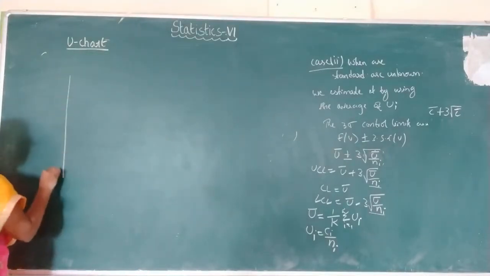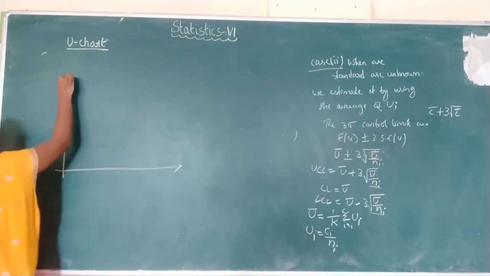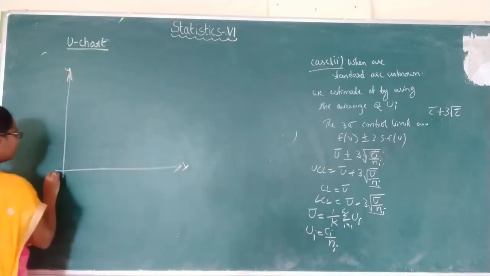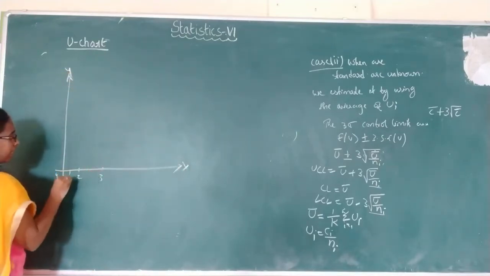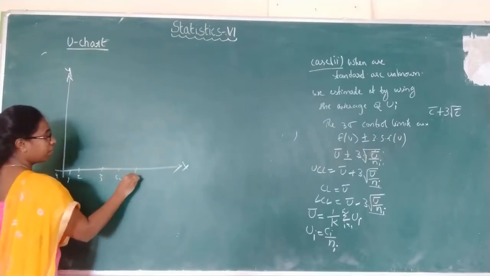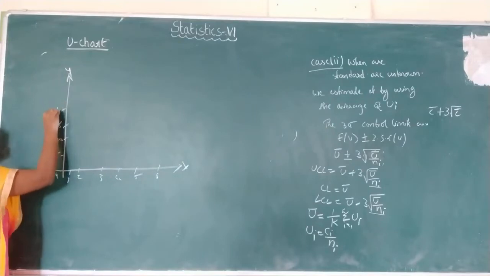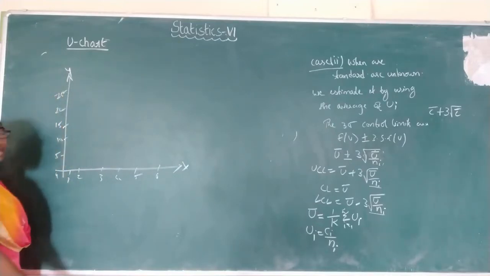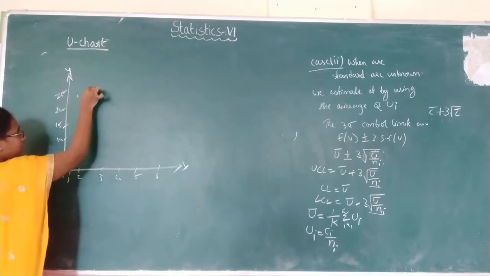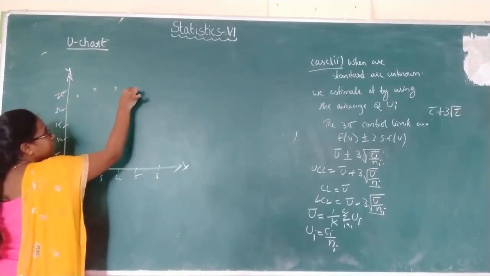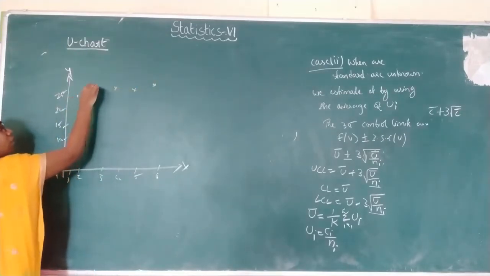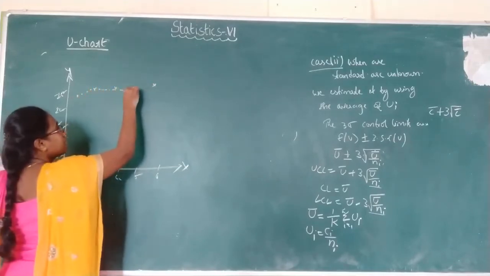Here you will be writing the sample number, and here the number of defects, and you will be plotting the different UCL values. There will be some changes in the UCL, since the sample size is varying.